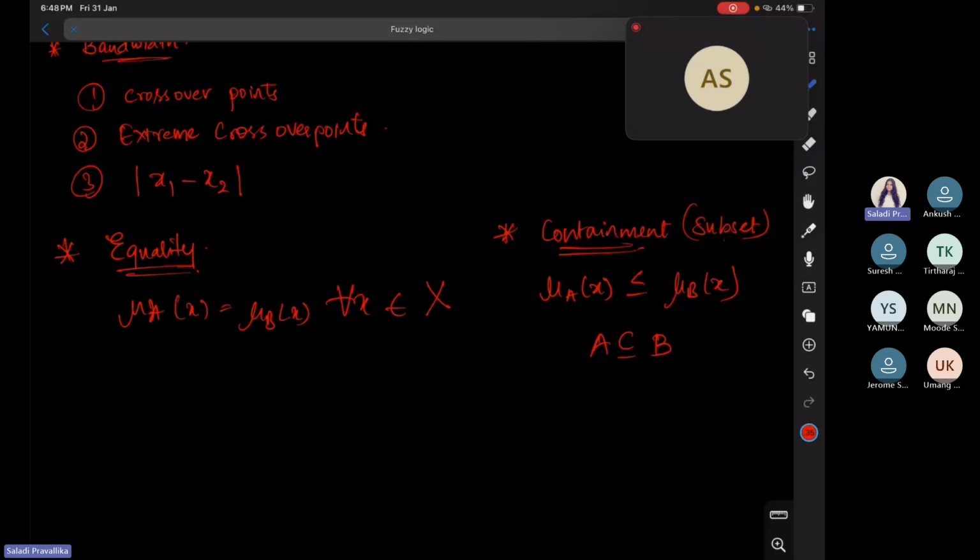So that is containment. Let us look at an example of containment.